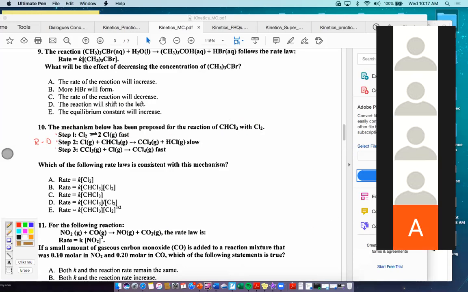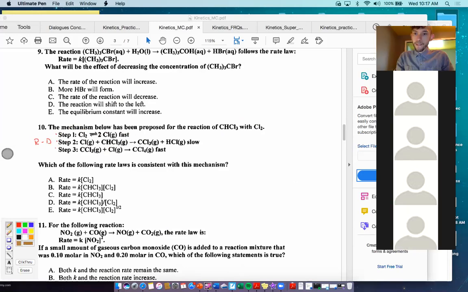So let me see who I want to call on. Mr. Jam. If this is my rate determining step because it is slow, can you describe to me how that allows me to figure out what the rate law is?